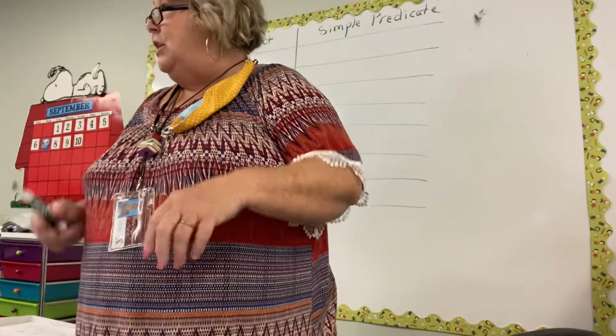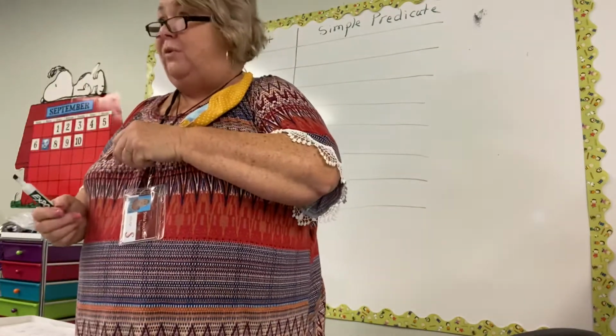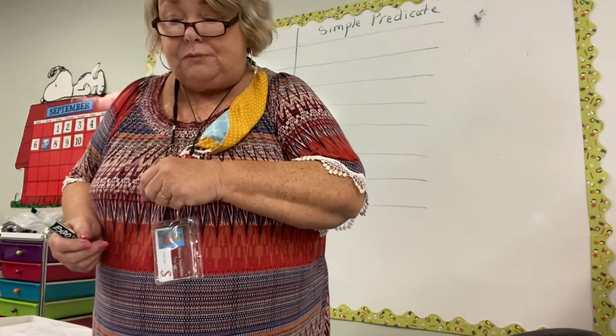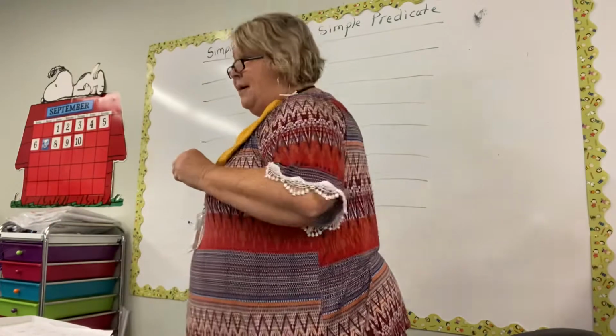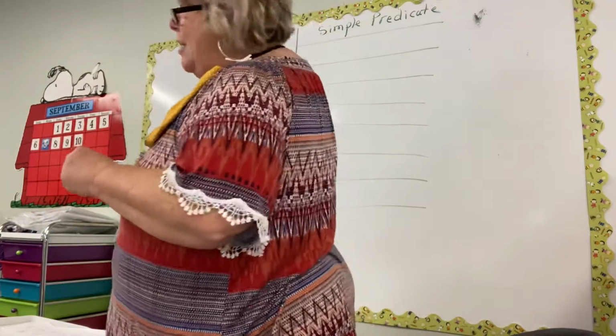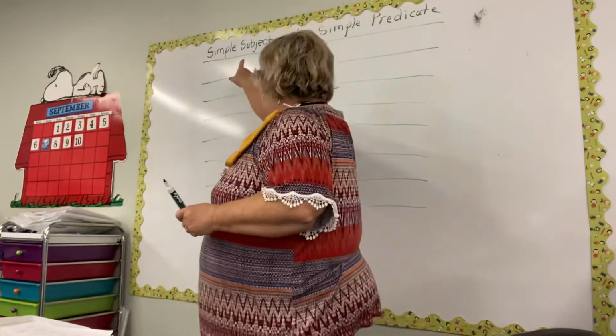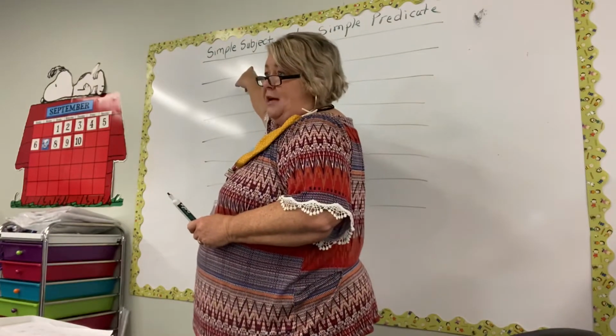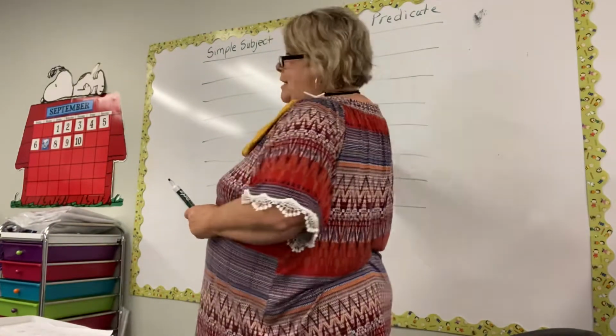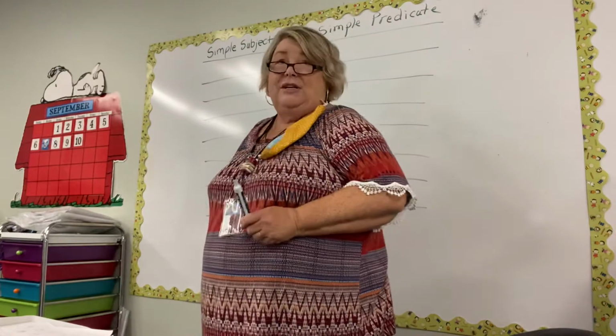Today we're doing something that's very easy, but it's a good review of what we've talked about all week. We are going to diagram the sentences. And when we diagram, once we get later in the year, there's going to be a whole lot more than just diagramming the simple subject and the simple predicate. But that's how we start out, okay?